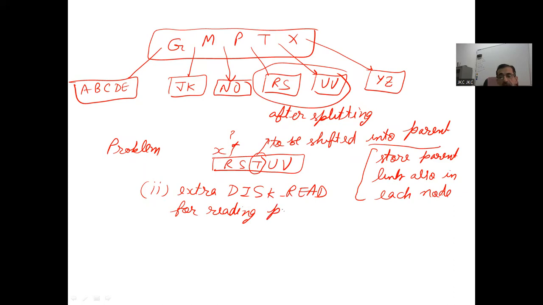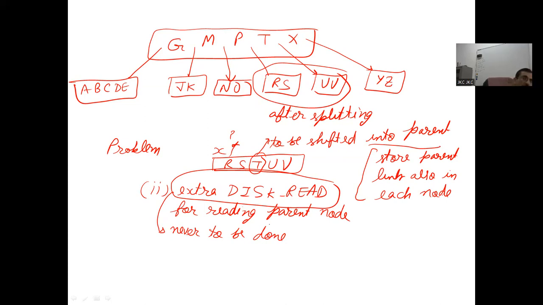So reading a parent node will now require an extra disk read. And we said last time also that disk read is very slow. We want this never to be done. We want to have a minimum of disk reads. So we will not prefer to go from child back to parent, or maybe even multiple parents.